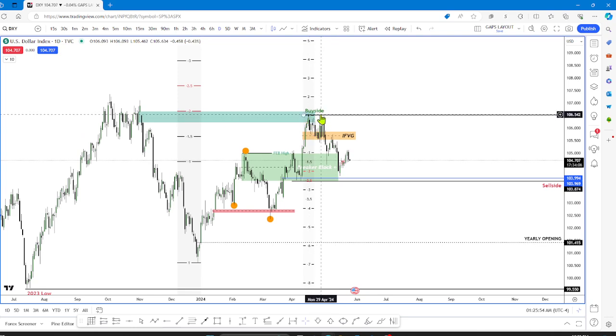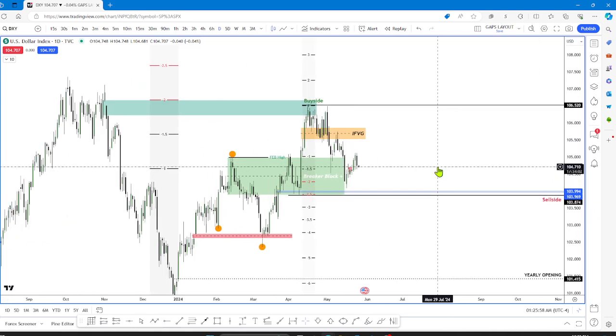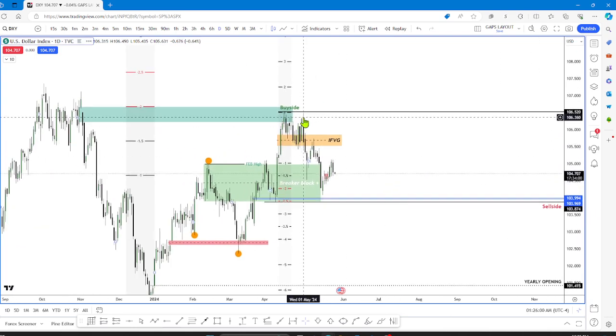So we have buy side above here, but we've actually displaced lower coming into May underneath this bullish BISI, using it as resistance, inversion for value gap, and continue to take and create new lows and shifting the market structure within here.